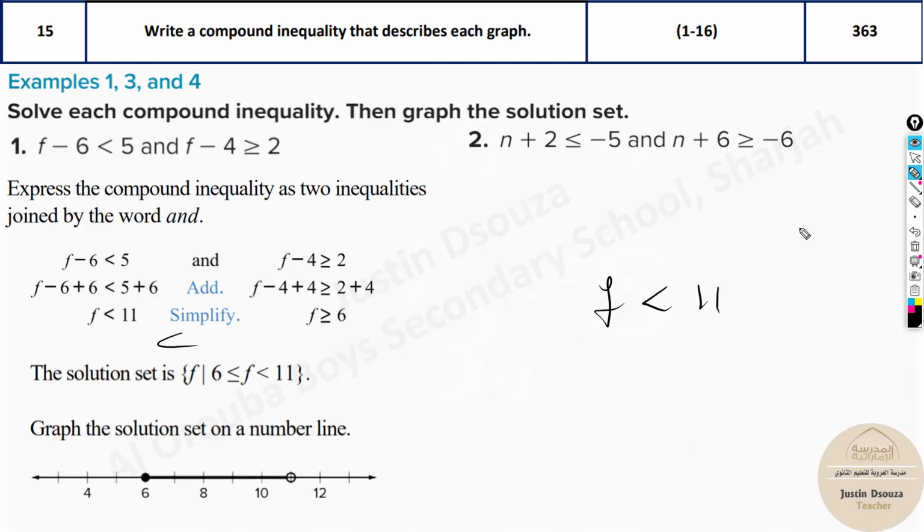But if there are 2 different inequalities, less than and greater than, write this first. f less than 11. And over here, f is greater than something, right? So that means f is greater than or equal to what? 6. This is it. When f is in the middle, whatever number you're writing to the right side must be greater than f. That is, 11 is greater than f.